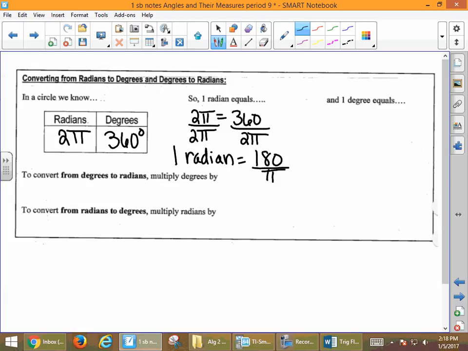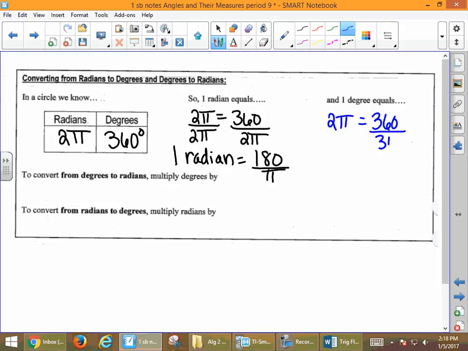So 1 radian equals 180 divided by pi. It's the same kind of computation over here. 2 pi equals 360. That's not going to change. But we want to figure out what 1 degree is.